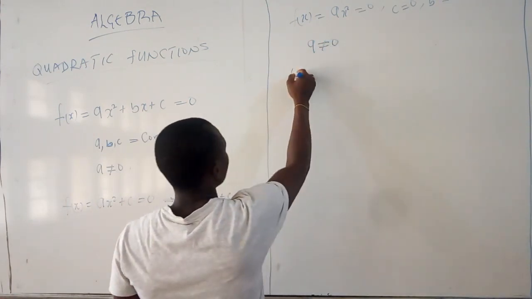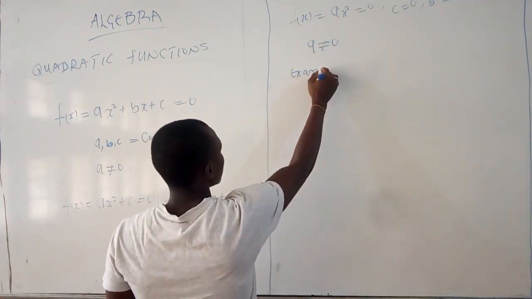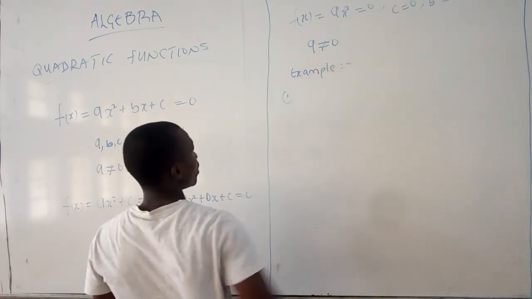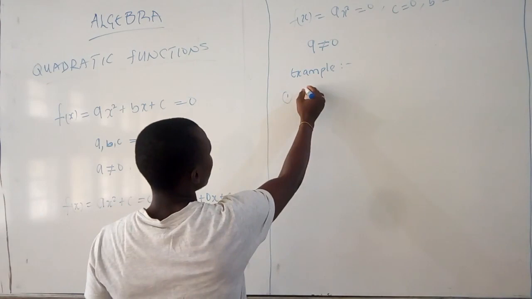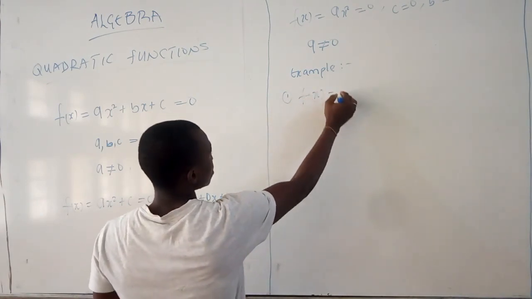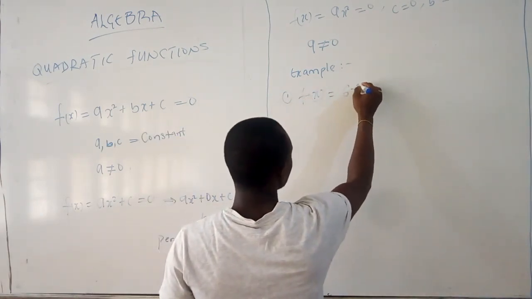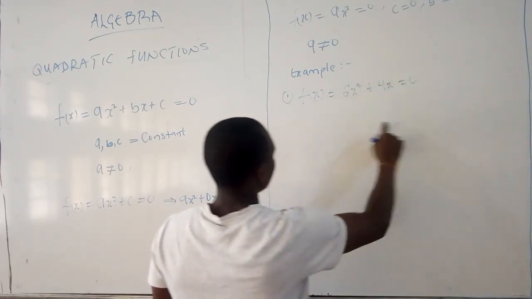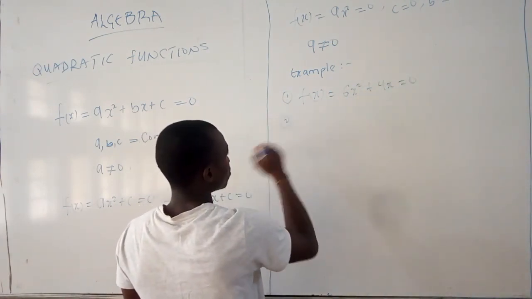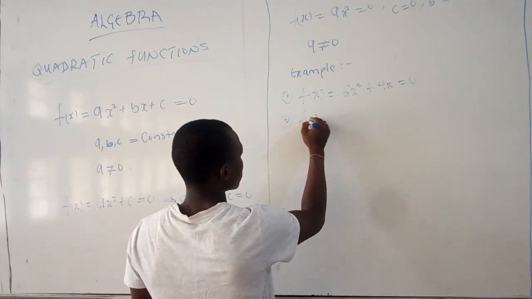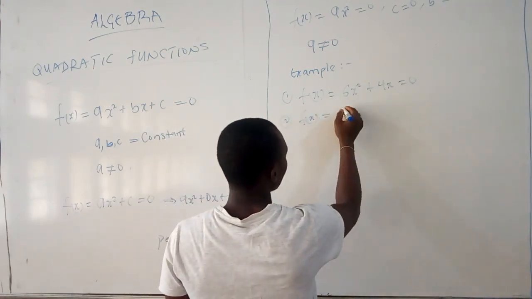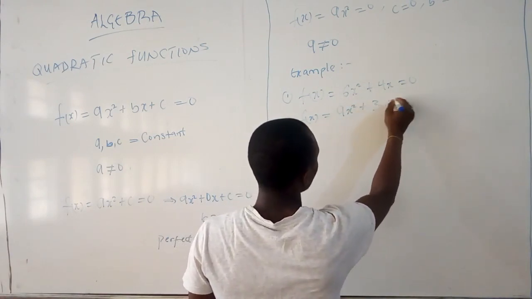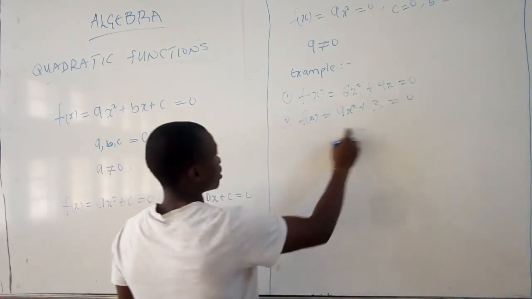So let's take an example and see. If you are given f of x equal to, let's say, 6x squared plus 4x equal to 0, this is a quadratic equation. Number 2, we have f of x equal to 9x squared plus 3 equal to 0. This is a quadratic equation.